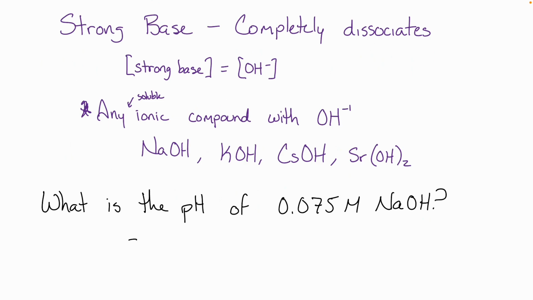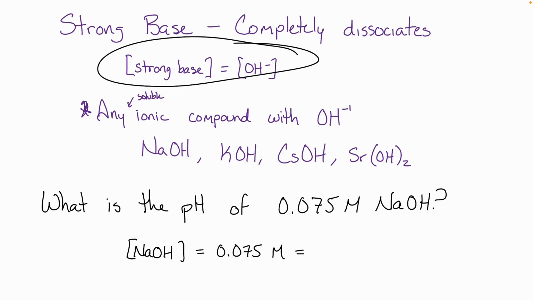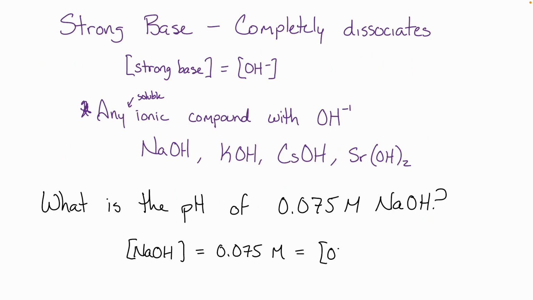All right, so I know my concentration of NaOH is 0.075. And since this is a strong base, I know that concentration is just equal to the concentration of hydroxide. All right, but since we're talking about bases, if I want the pH, I got to do one extra step, right? I got one more consideration to make.